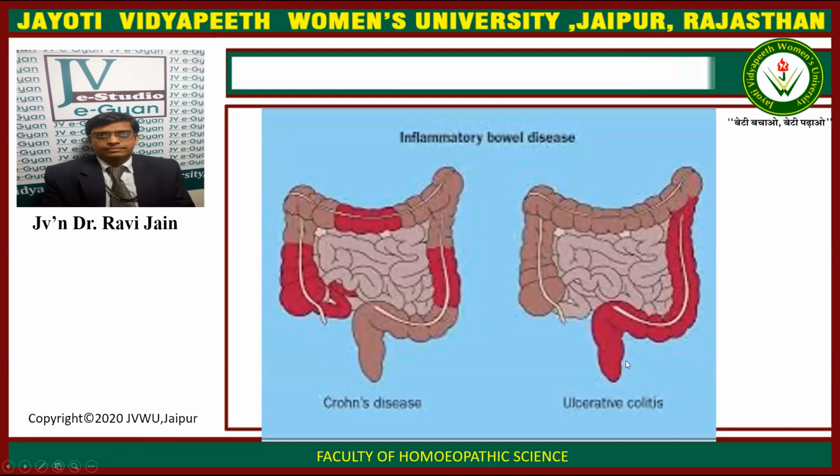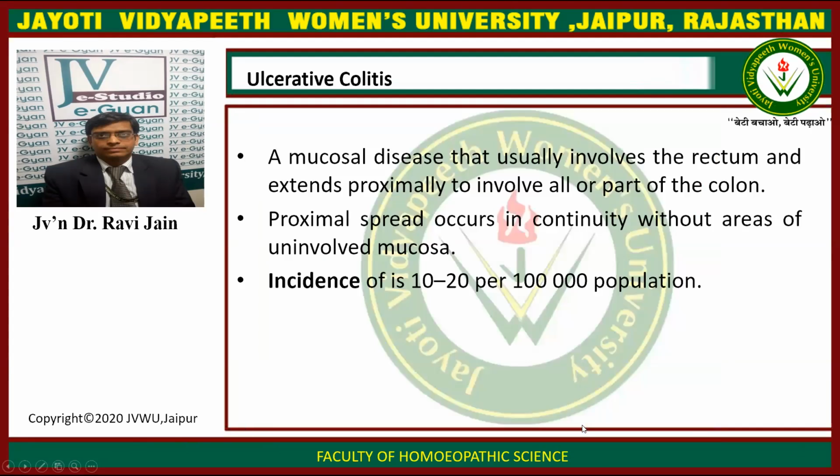So there is a continuity of the lesion, whereas in Crohn's disease there are discontinuous patches: normal, disease, normal, disease. This is known as skip lesions. Whereas in ulcerative colitis, we don't see any kind of skip lesions. The incidence is 10 to 20 per 1 lakh population.